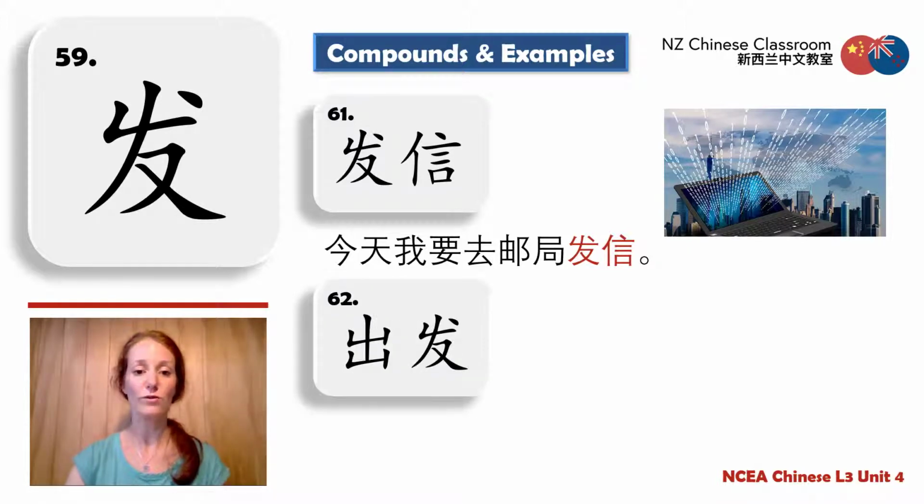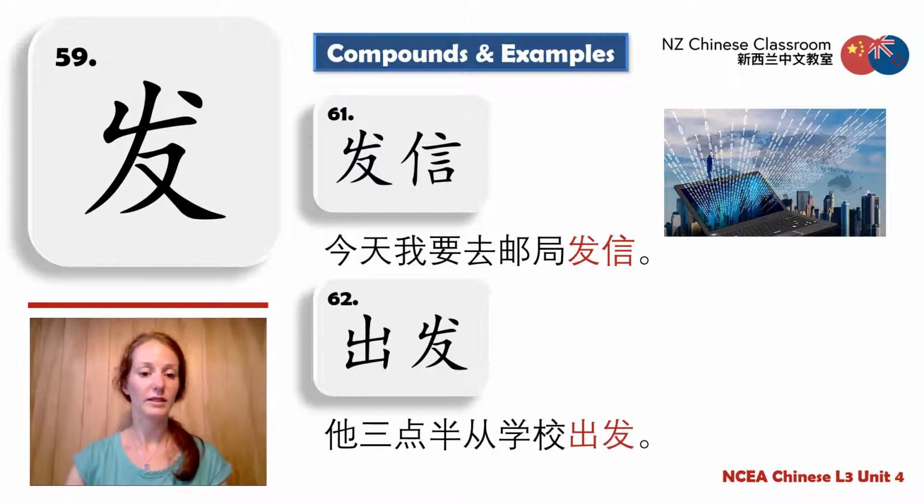Now last word, 出发. 出发. So 出 means to go out, and 发 also means to go out. So this means to go out from, to leave from. 他3点半从学校出发. So at 3:30, he leaves the school. He goes out from the school.